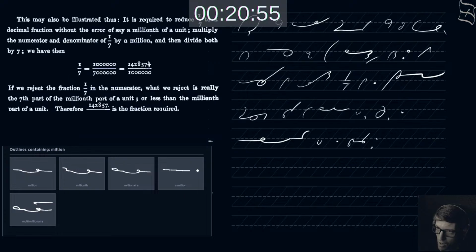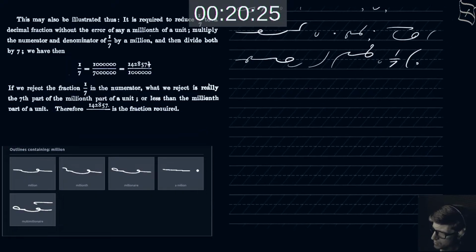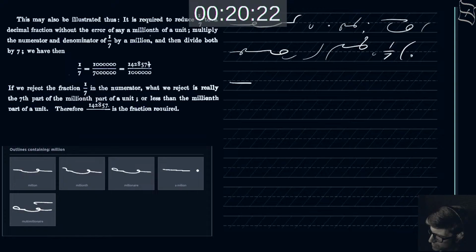Multiply the numerator and denominator of 1/7 by a million, and then divide both by 7.